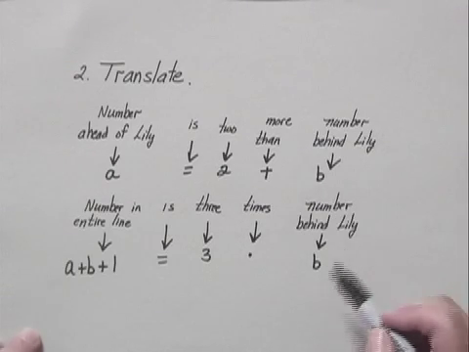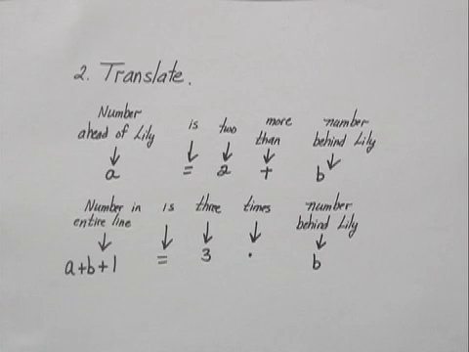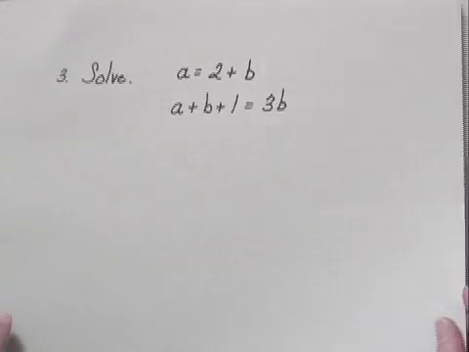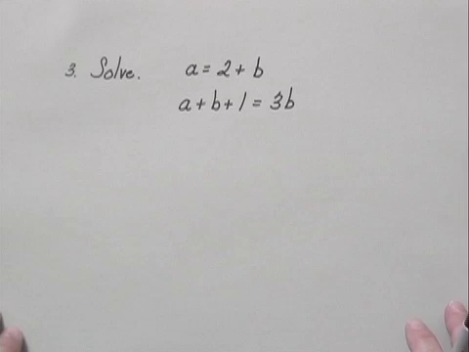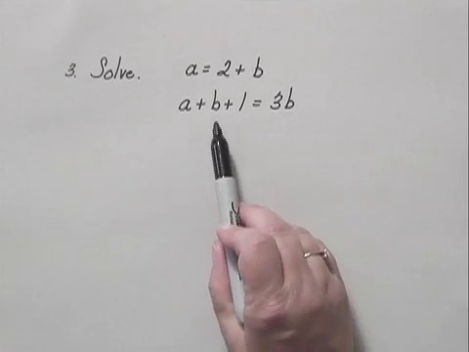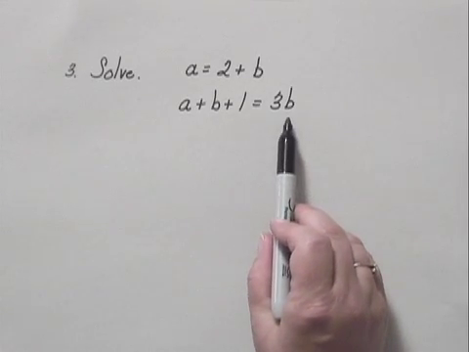We have 2 equations, so we solve the system of equations. A equals 2 plus B, and A plus B plus 1 equals 3B.